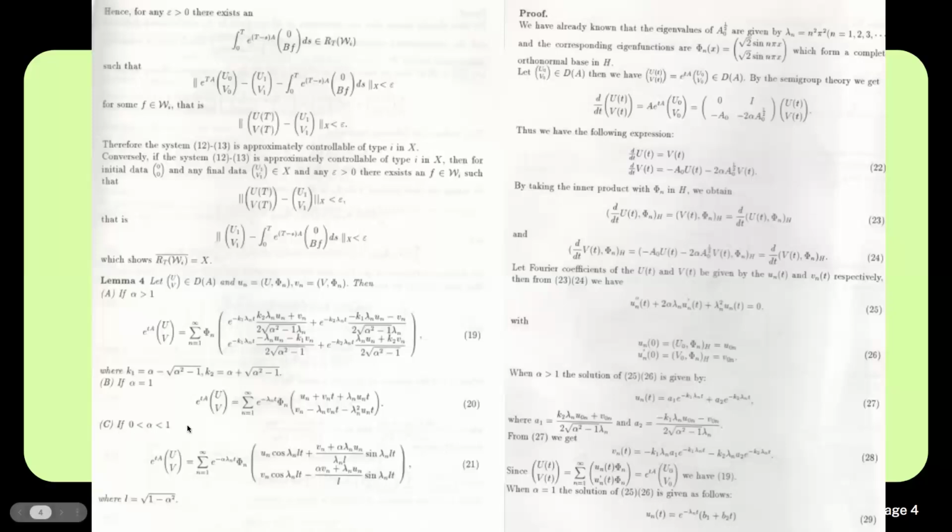Then we come to lemma 5. The system is approximately controllable if and only if specific coefficient sequences are entirely non-zero. This is the core technical proof, lemma 5. It builds the base to give the conclusion of theorem 1 and theorem 2, the main results of the paper.